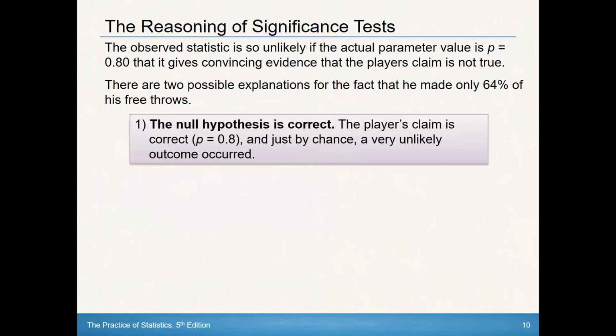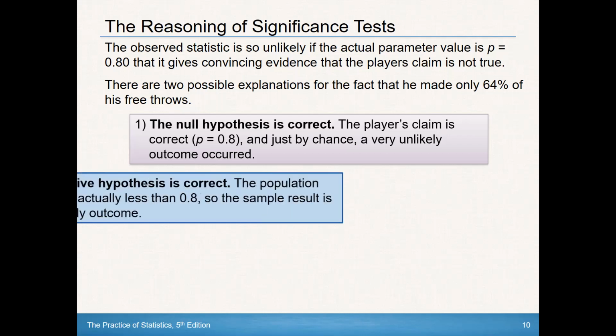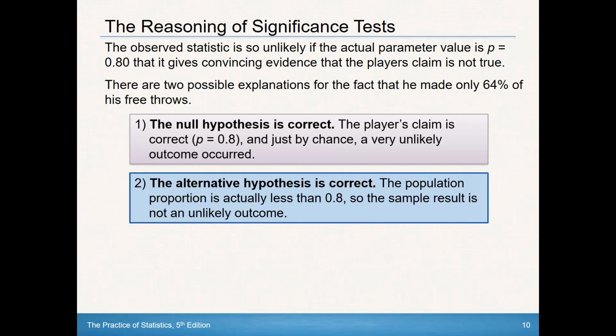Well, number one, hey, they really are an 80% free throw shooter. And it just turns out that they had that ridiculously rare, highly unlikely day when they only made 32 out of 50. Or the other conclusion we come to is that the alternative hypothesis is correct. You know what? This person, doggone it, they are not an 80% free throw shooter. They are certainly below that.